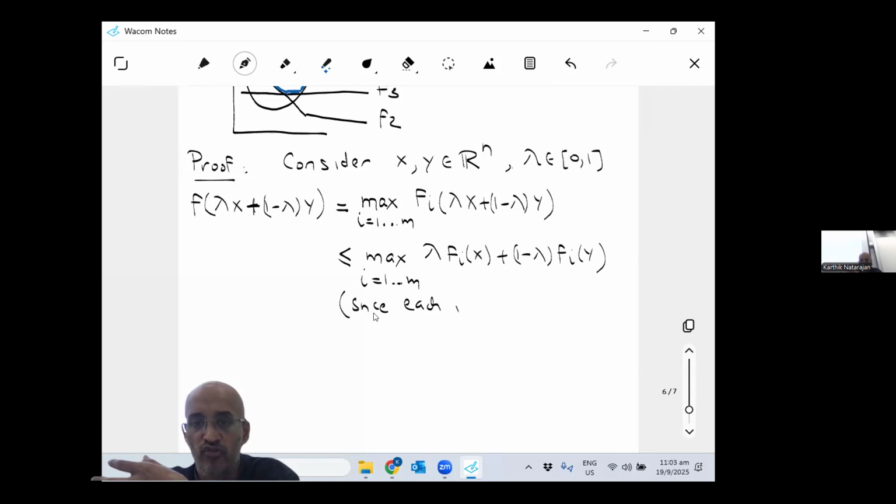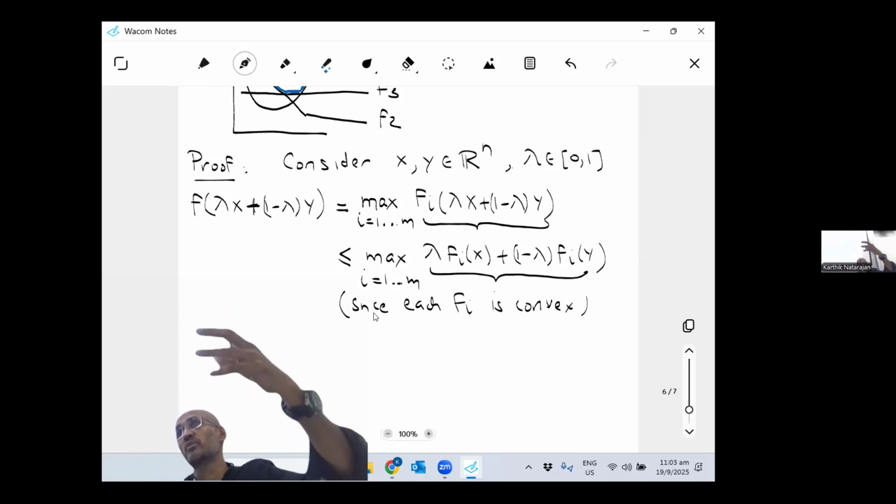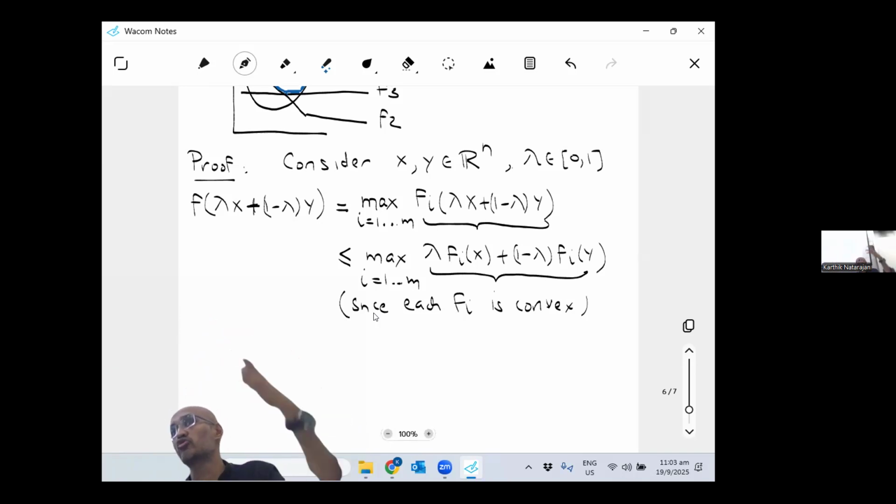Since each Fi is convex, right? So what I'm using here is simply the fact that this function value is less than or equal to this function value for every i. And by taking the max of these numbers and the max of these numbers, it also has to satisfy the same condition.